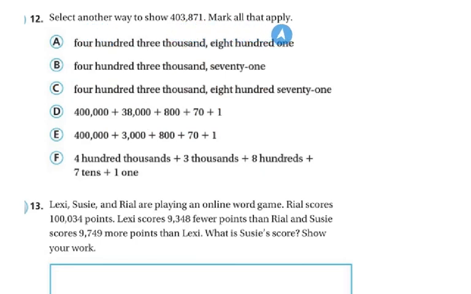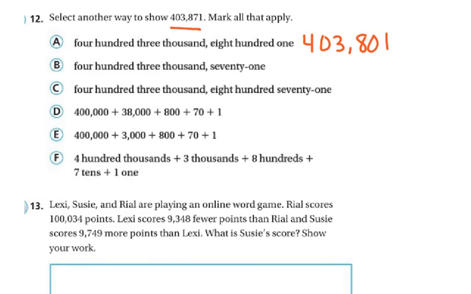All right, select another way to show 403,871, and we're going to mark all that apply. So 403,801. Well, that is not this number because we'd need 871.